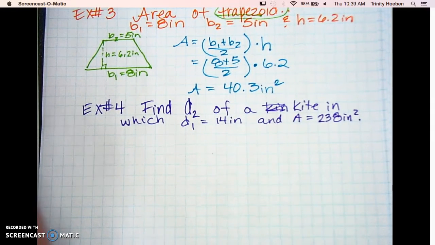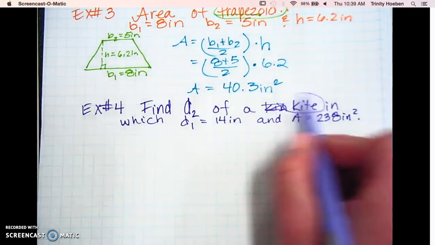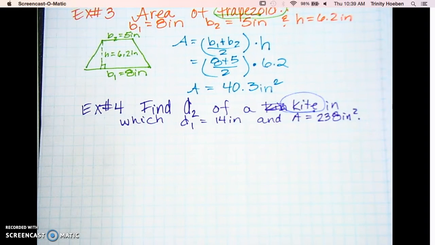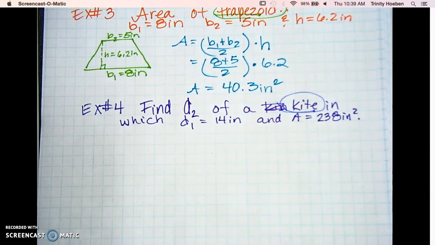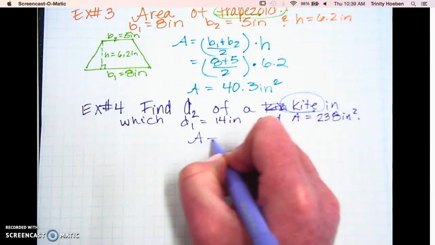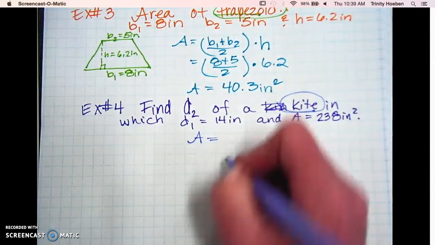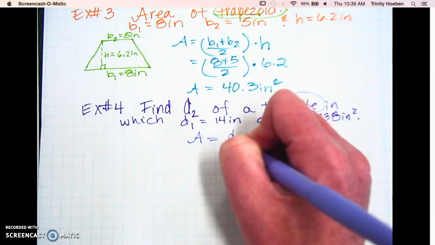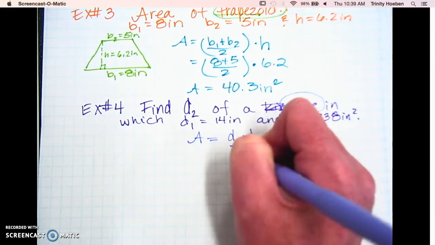All right, so here's the good news. They tell us right in the question what kind of figure it is. It's a kite. Awesome. So we can look on our formula sheet and get that formula. We know that it's diagonal 1 times diagonal 2, and then divide by 2.